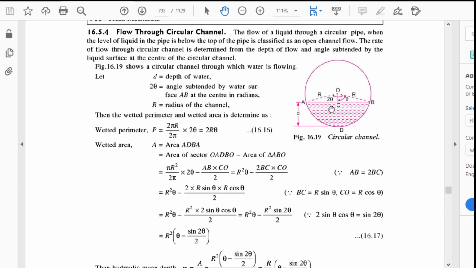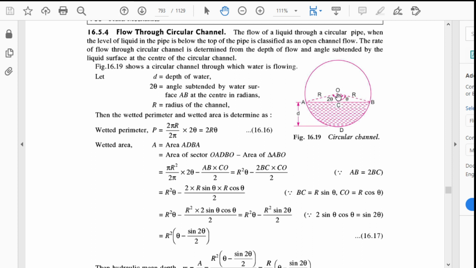This is your total water, which is at the depth D. Now this water surface ACB subtends an angle at the center of this circular channel.